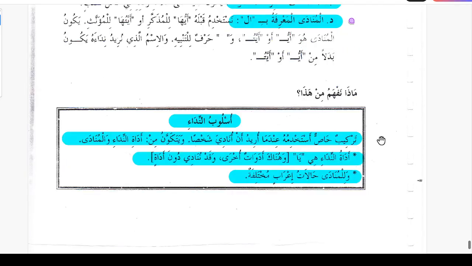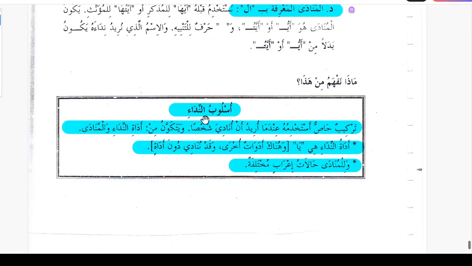Okay, so maza nafhamu min haza, what we understand from this? Uslubun nadai, the style of calling. Tarkibun khasun, أستخدمه عندما أريد أن أنادي شخصا.